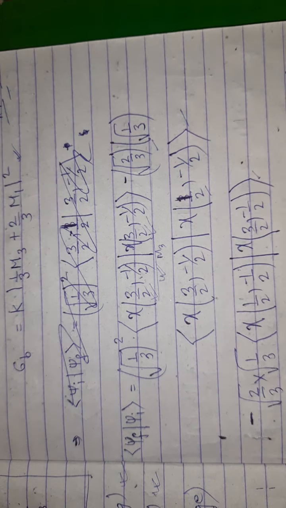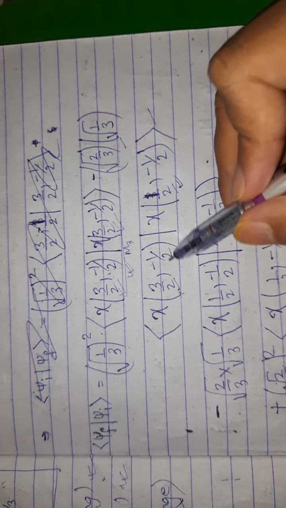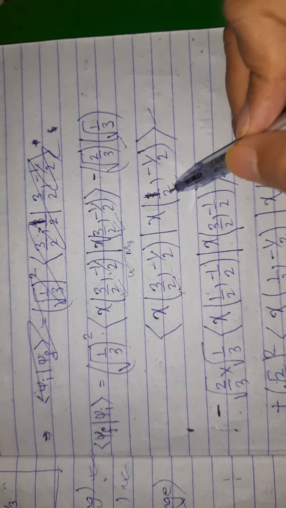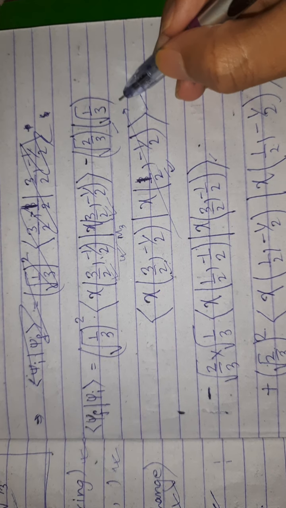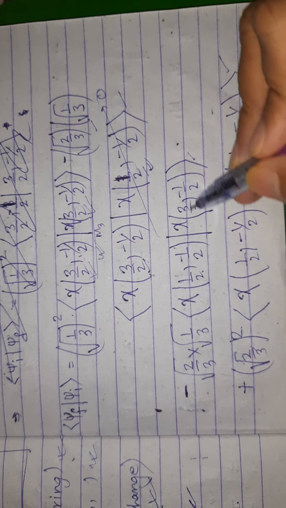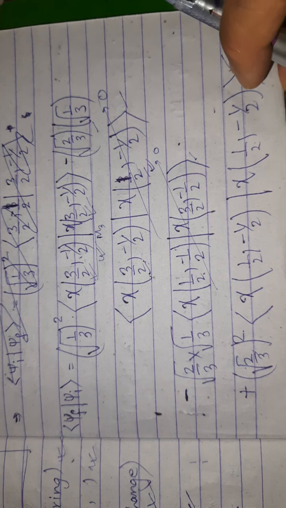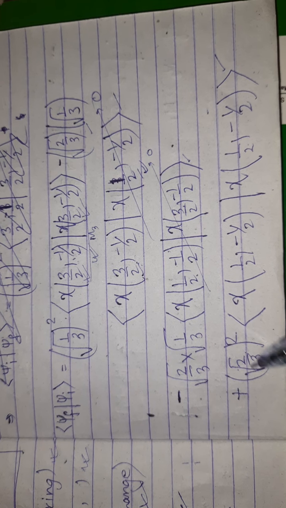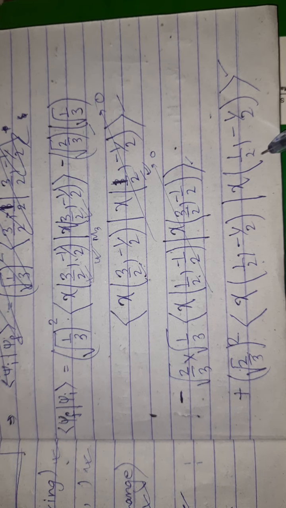Now for the next term, this is 3 by 2 and this is half. In both cases the wave functions are different, so orthogonality will rule and this will tend to 0. In this case half and 3 by 2, here also orthogonality will rule and it will give us 0. Now in the last case, psi of half and half are here.